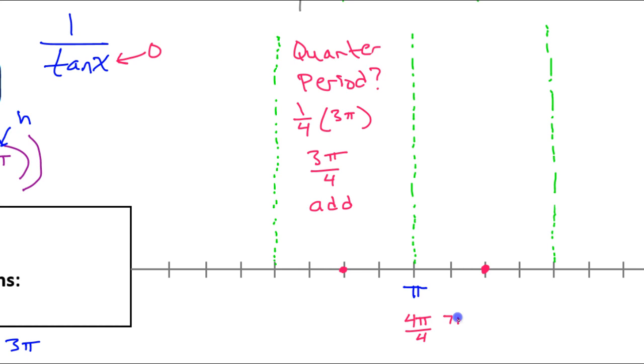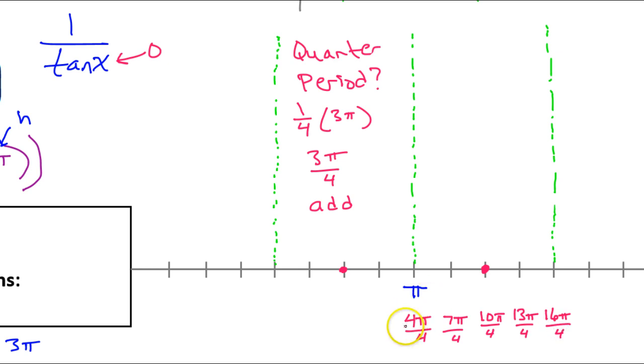So in my next spot, I will have 7 pi over 4. 3 more and I have 10 pi over 4. 3 more and I have 13 pi over 4. 3 more and I have 16 pi over 4.